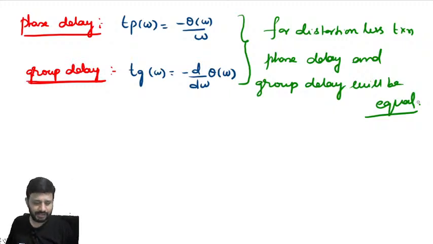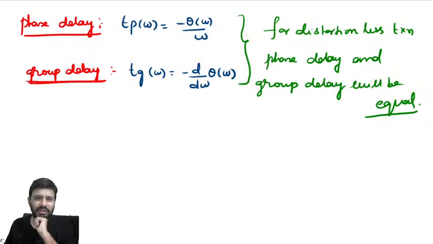How can you verify? I've given one statement. Whenever I'm giving something, we must do reverse engineering after the class. You must have a doubt. Always having a doubt is very good, because that will make you think. Sir has told that for distortionless transmission phase delay and group delay are equal, so how is that going to happen?